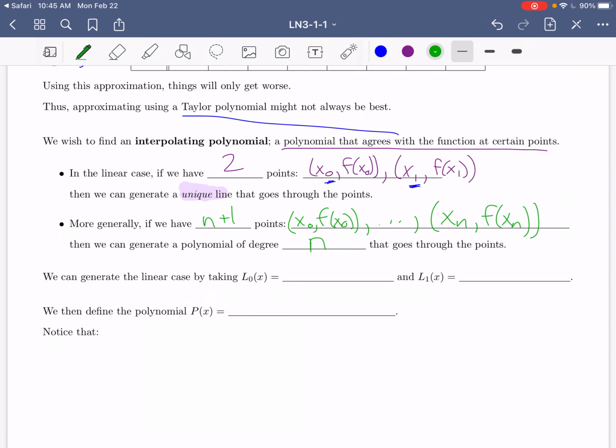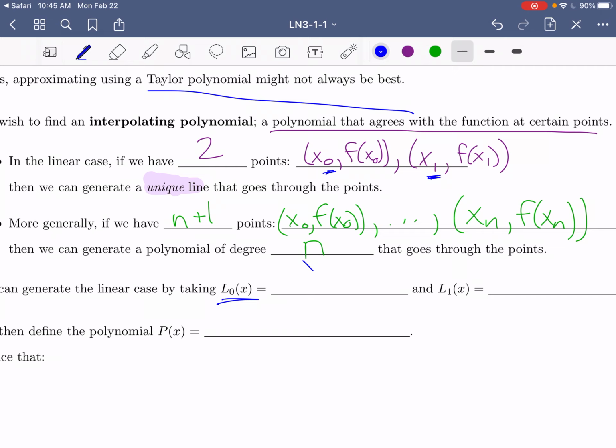So for the linear case, what we can do is we can define this L0 of x, and the way that we will define that is we will take x. So this is a variable x, not a known value of x. We're going to take a variable x minus x1 over x0 minus x1. Right? So the values with the subscript, those are known points, right?